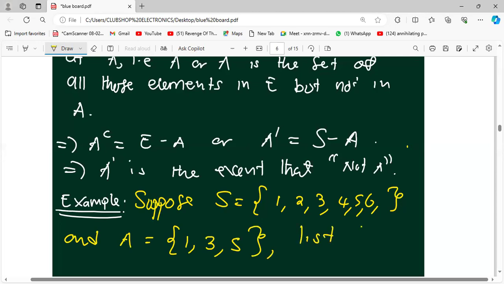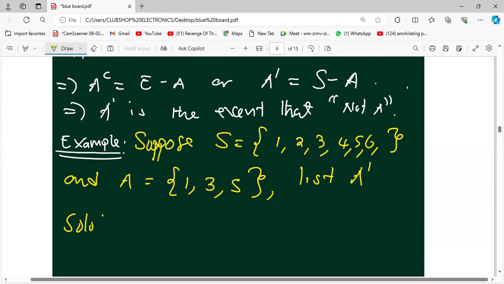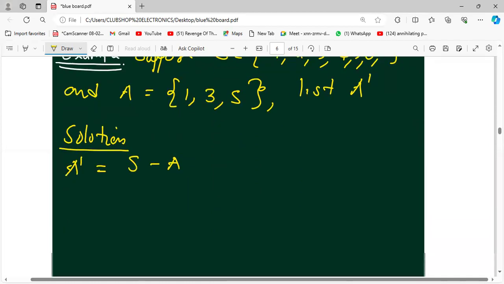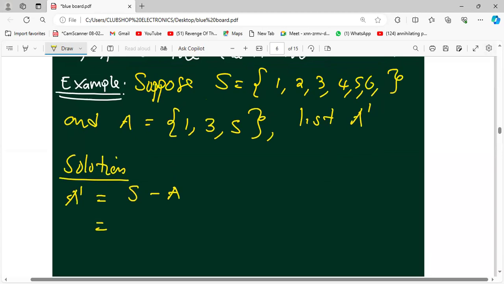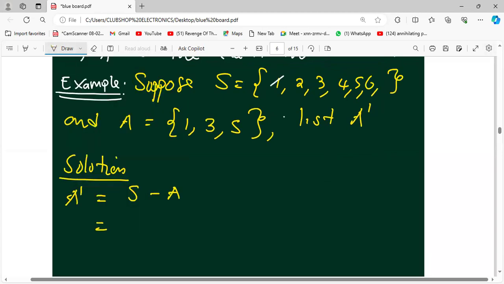We are saying A complement means sample space minus A. So this simply means from our sample space, we get rid of 1, 3, 5.